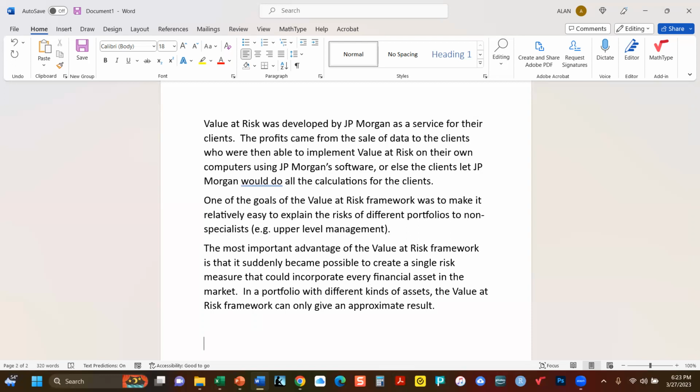Now, another great thing about this is that we can easily determine the impact of hedging a portfolio with derivatives.